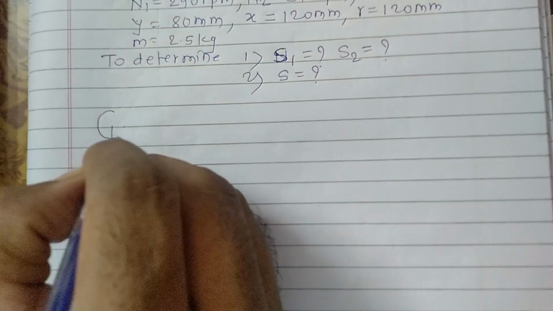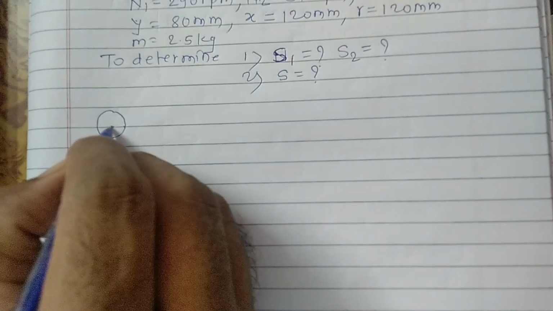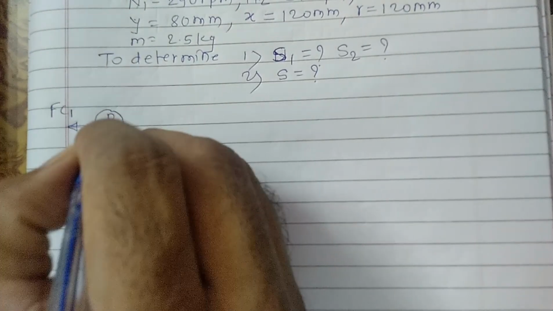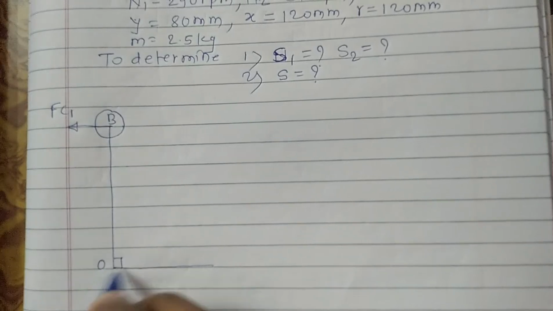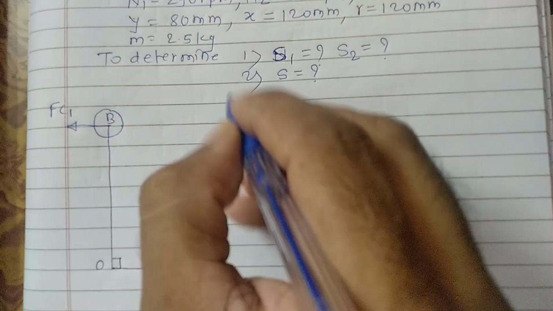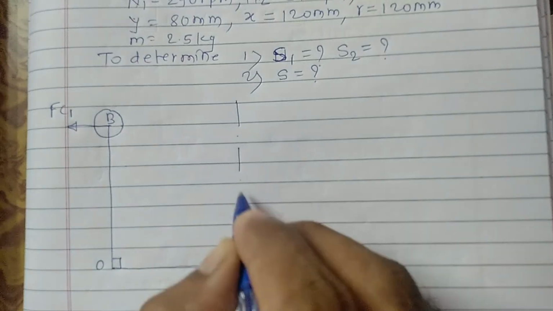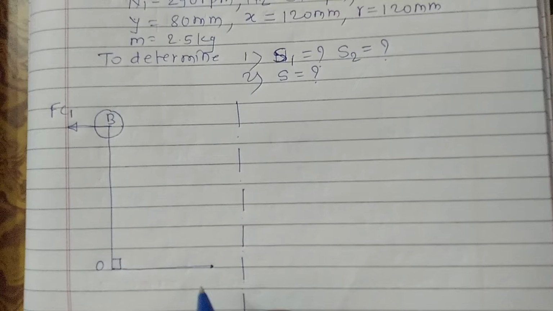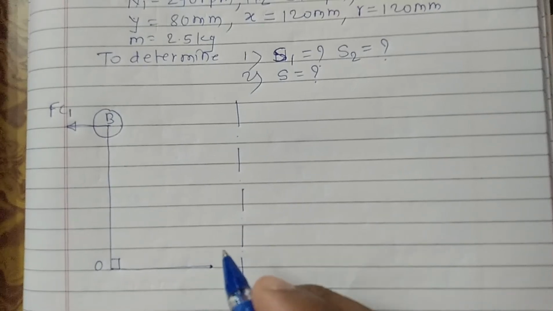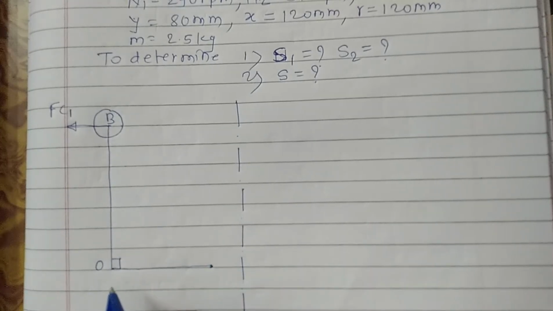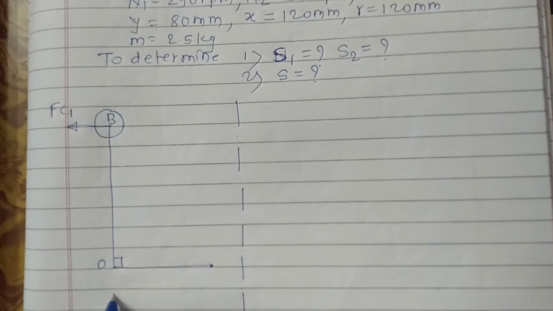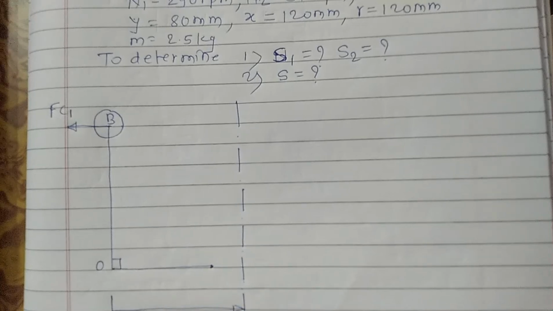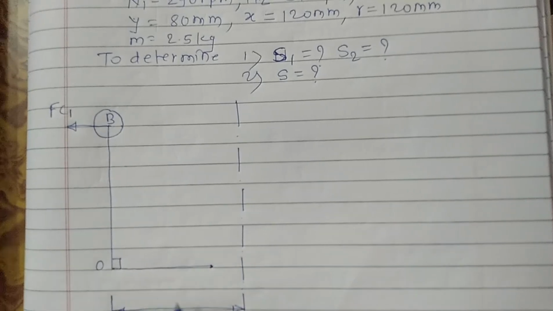Here is the ball. This indicates the centrifugal force that will act in the outward direction. Just give the names at the various spots. Here is the governor axis. Once we draw the lower position as well as the higher position, you can get the information about the various things clearly. This indicates the radius of rotation.